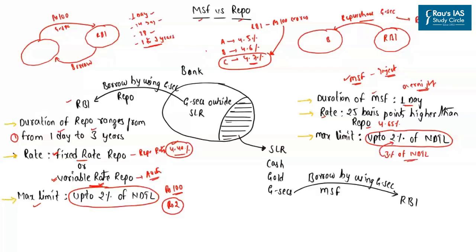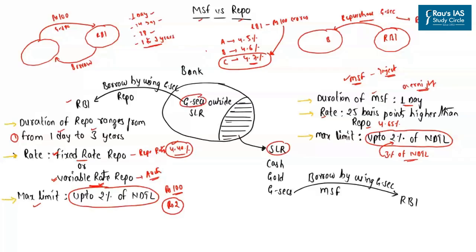Apart from these differences, the most important difference between repo and MSF is with respect to which government securities the banks can use in order to borrow from the RBI. So here, if you look at the government securities with the banks, the banks can keep the government securities as part of SLR or outside the SLR.